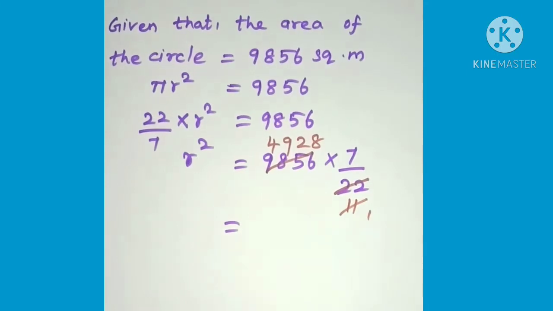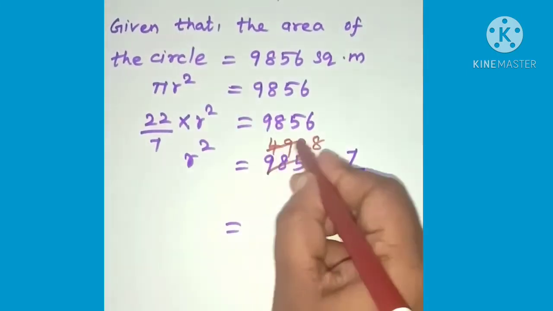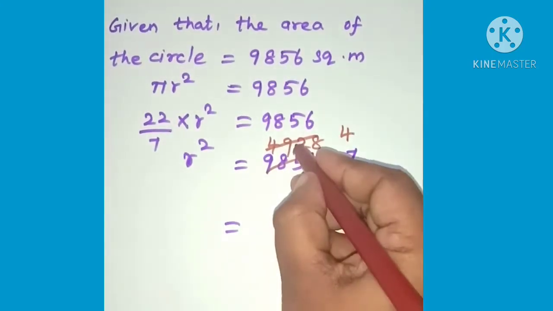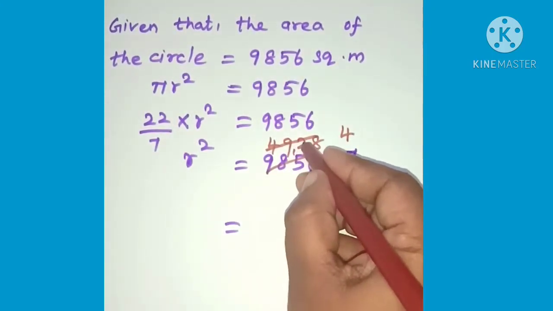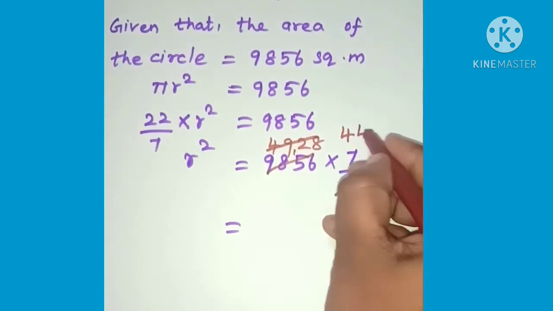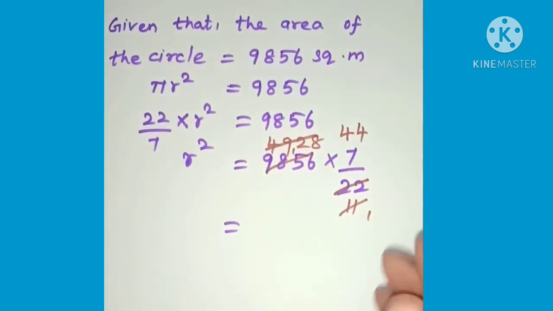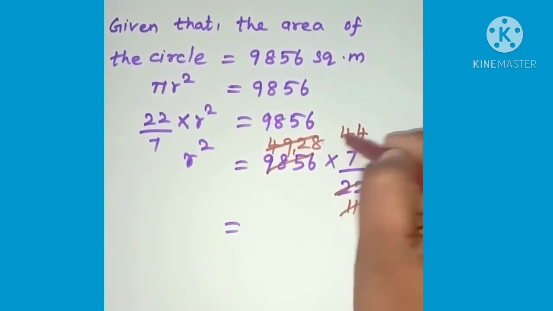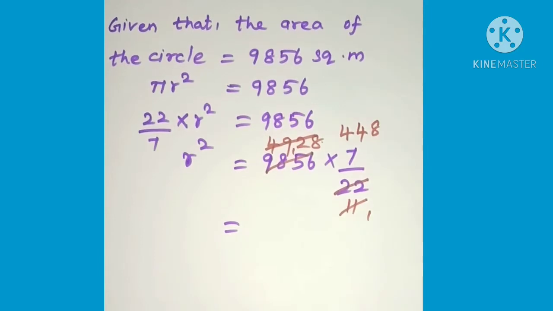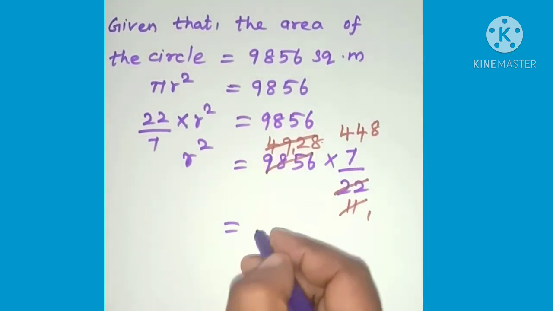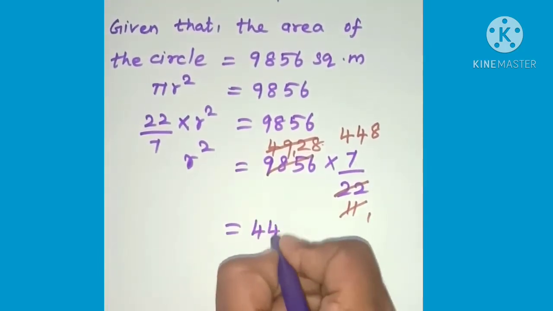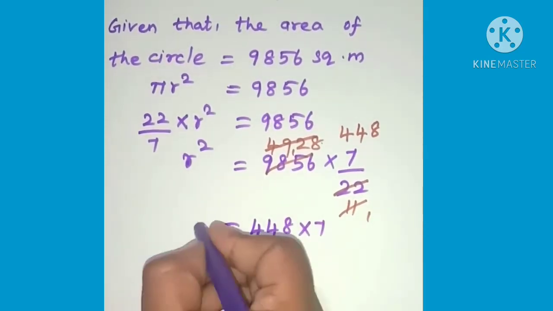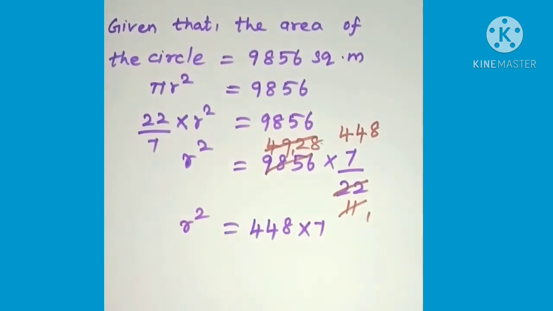So in the denominator it is 1 time and in the numerator it is 4 11s are 44, and 8 11s are 88. So 448 into 7, thus we get the value of r square.